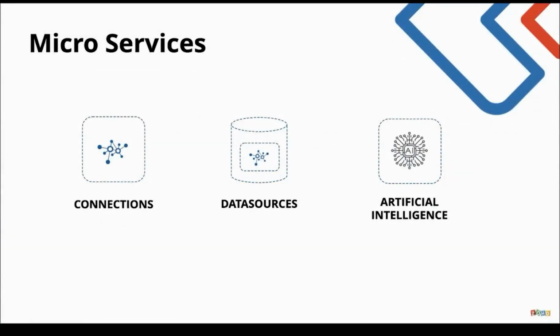Microservices majorly consist of three components: connections, data sources, and the AI models which we create. Let's talk about microservices as a whole. Microservices are services which cannot operate independently, but they enable our Creator application to enhance its capabilities.